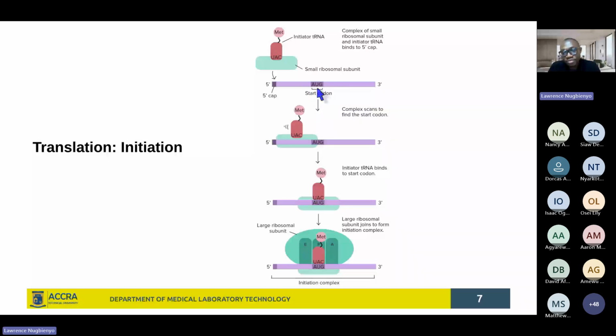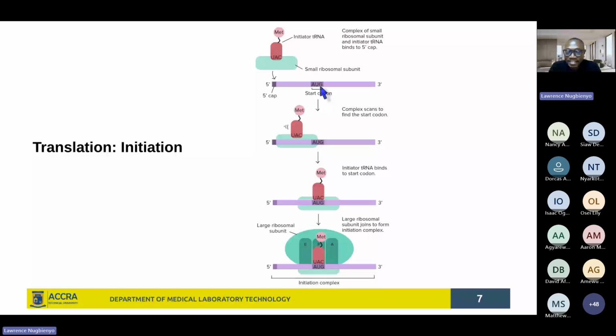Previously, we saw the genetic code, and I mentioned to you to just keep in mind the short form of August, AUG. That is what codes for the amino acid methionine.